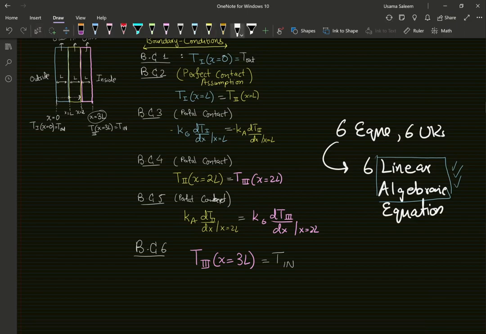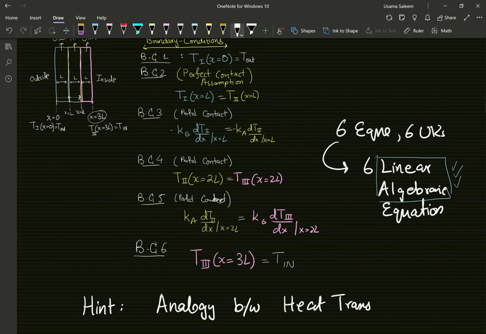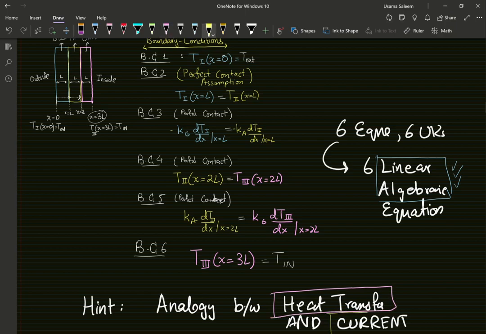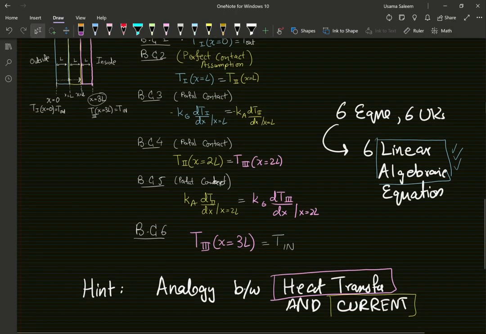The next video, just to give you a hint, we're going to use the analogy between heat transfer and current. Current is the flow of charge. We're going to be using the analogy between these two seemingly distinct topics in physics and engineering sciences.